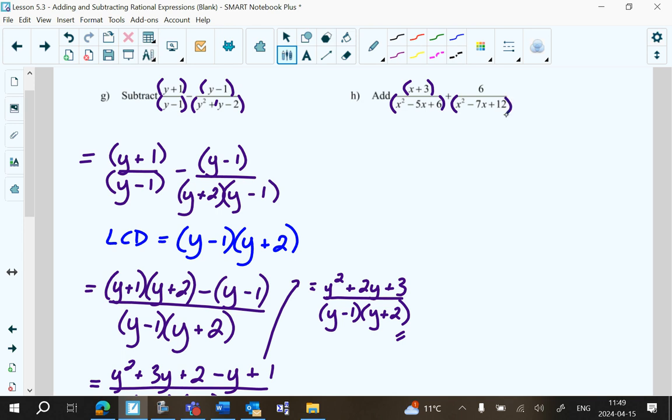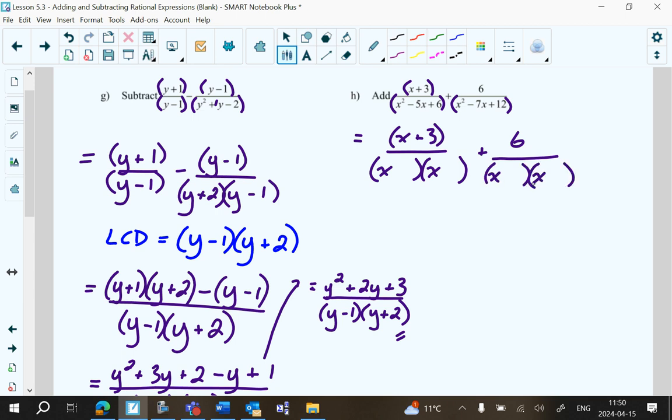All right, what am I going to do first? You're going to factor. I need to factor the denominators. Yeah, you do. Both of them are x squared trinomials. There's a little detail here.